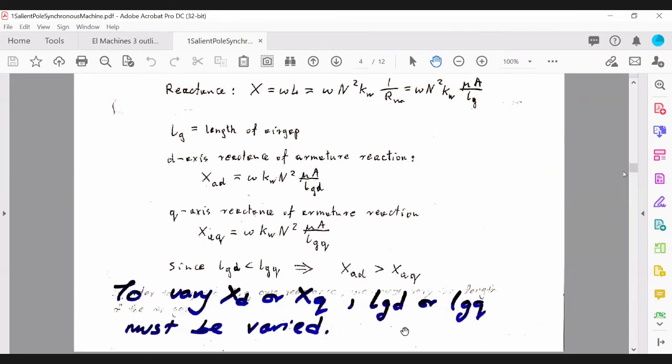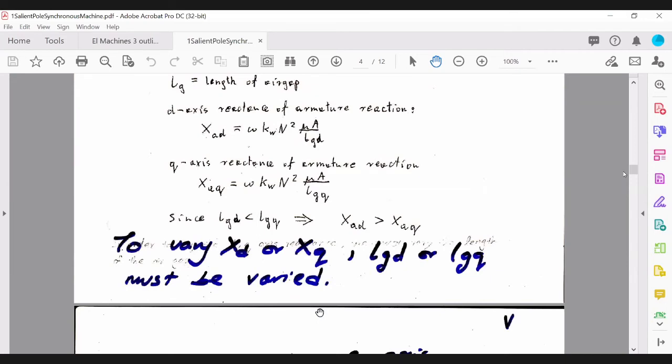So in the design, if you're designing a salient pole machine and you want to vary Xd and Xq, Lgd and Lgq are the two values that you need to vary. The physical parameters translate into the electrical parameters appearing on your equivalent circuit.